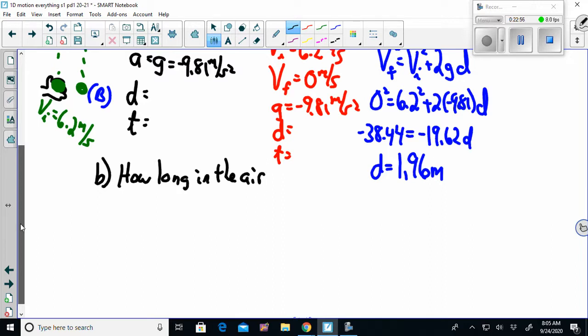What's true about the displacement when it comes back to my hand? What's the ball's total displacement when it gets back to my hand? 0. 0. Right? So we're going to use that for how long in the air.